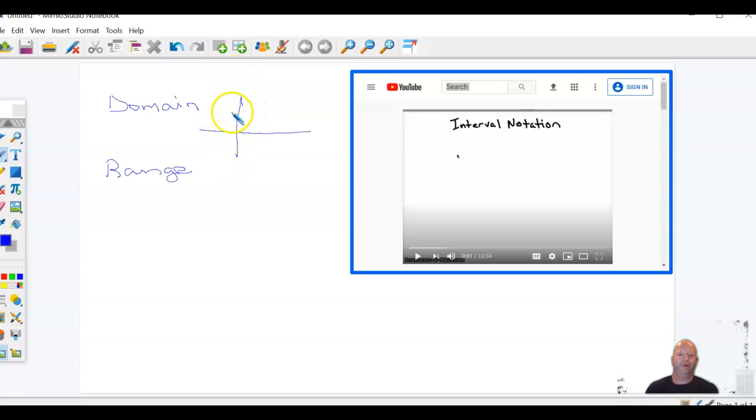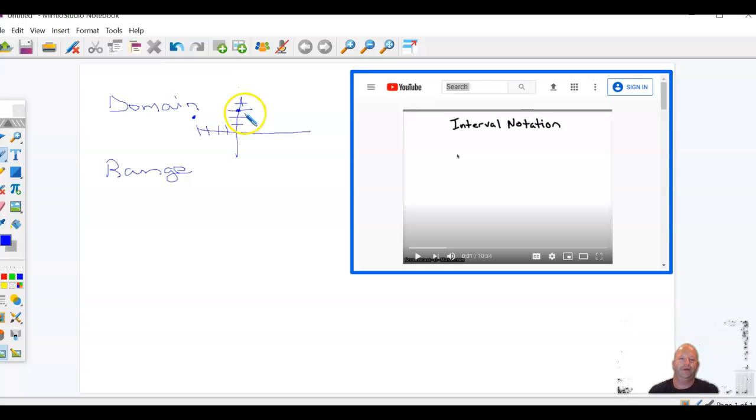And so if we have a graph that, let's say, starts at negative 4, and it goes up here to 3 at 0.